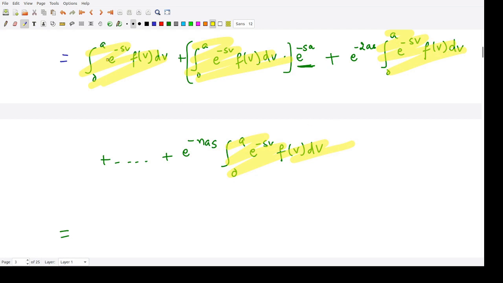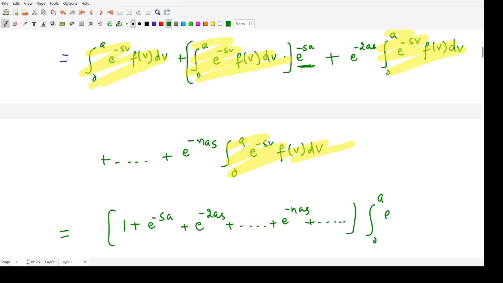So we would be left with 1 plus e to the power minus sa plus e to the power minus 2as plus so on, e to the power minus nas plus so on, because we have an infinite series, and here we would have integration from 0 to a, e to the power minus sv f of v dv.